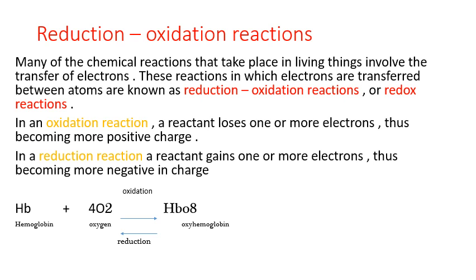In an oxidation reaction, the reactant loses one or more electrons, thus becoming more positive in charge. But in a reduction reaction, the reactant gains one or more electrons, thus becoming more negative in charge, like oxygen, because oxygen gains one or more electrons and is always negatively charged.